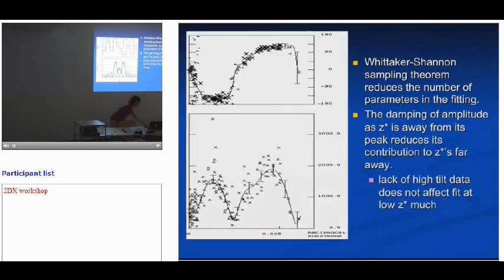The reason I want to mention this is that there are cases where your fitting is not very good, and if it is not fitting very well, people sometimes think, oh, maybe I just need more data, and they take more data at a higher tilt. Because of this behavior, you're not going to really gain that much, but it gives you better fitting at a lower z star value.